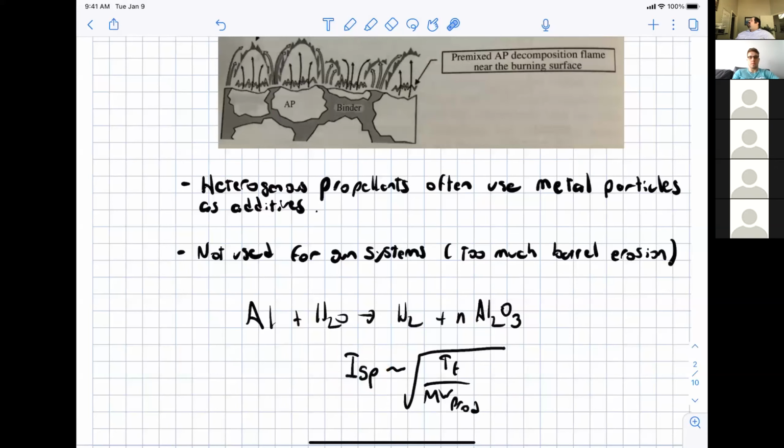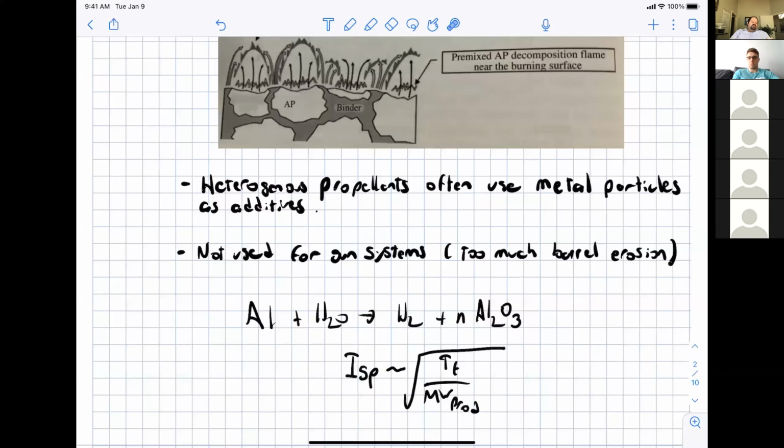And there's another reason that they're used, and that's for combustion instabilities. We'll go over this a bit with homogeneous propellants. A change of pressure, or a dP/dt, in the rocket chamber will modify the burning rate of the propellant.